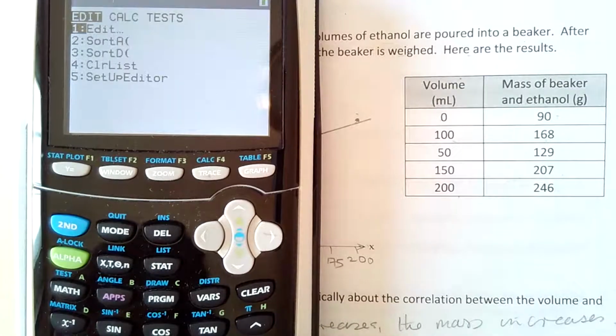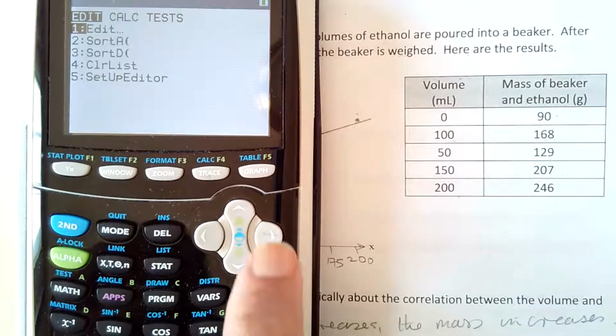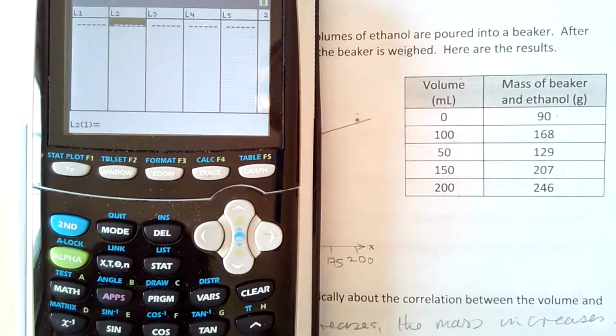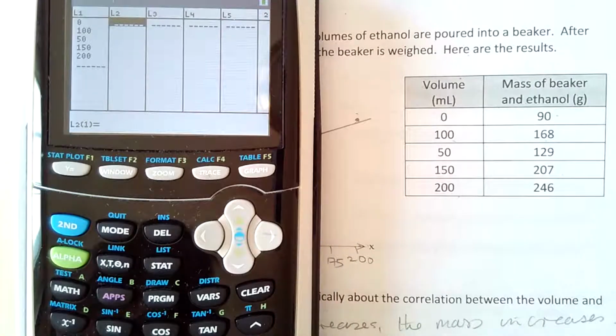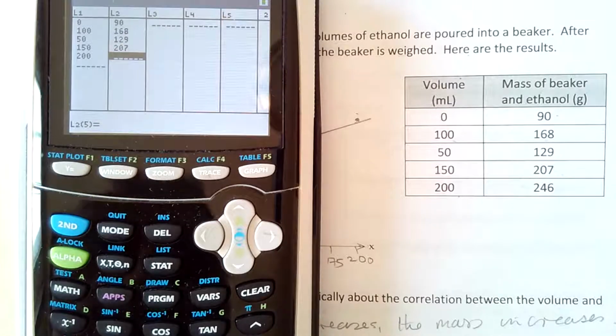So 0, press enter, 0, 100, 50, 150, 200. Then move over to my L2: 90, and 246.